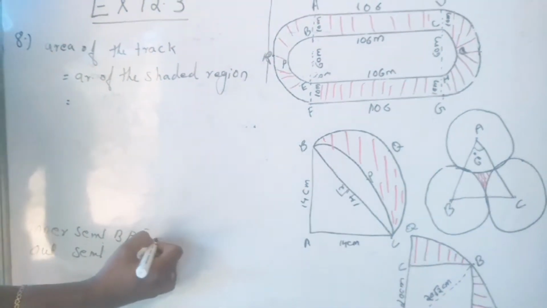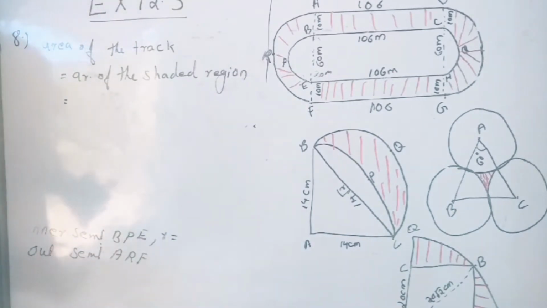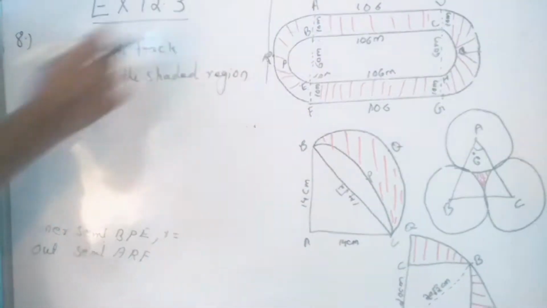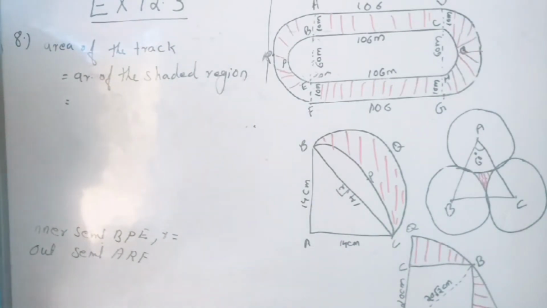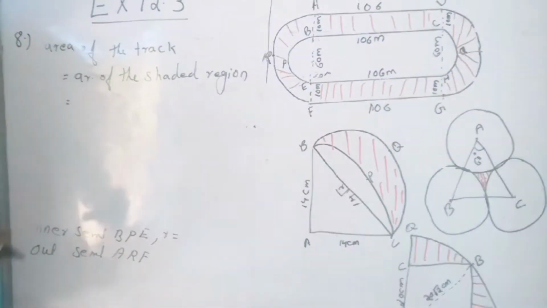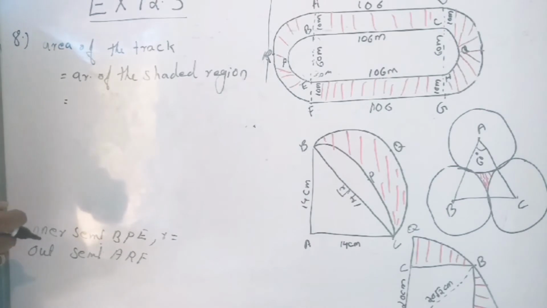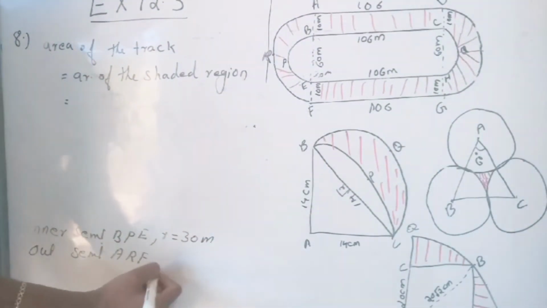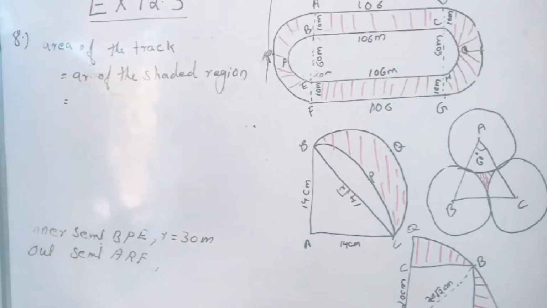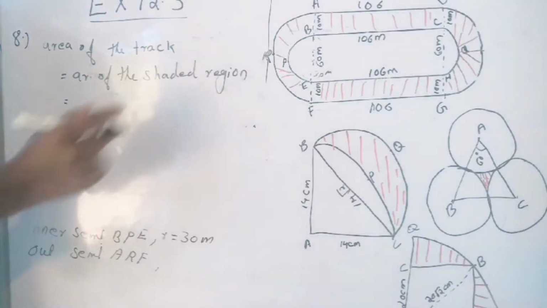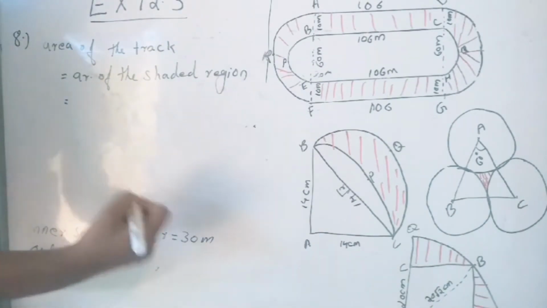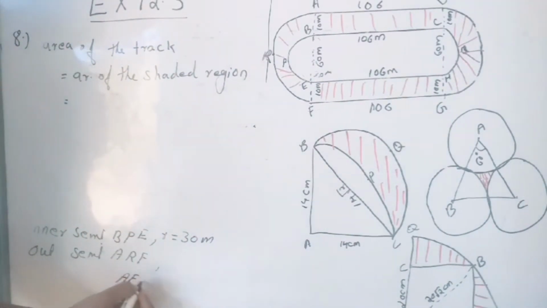What is the radius of the inner semicircle? We already discussed that BE is the diameter of that semicircle and that length is 60 meter, so the radius is 30 meter. And what about the outer semicircle? Its diameter is AF.